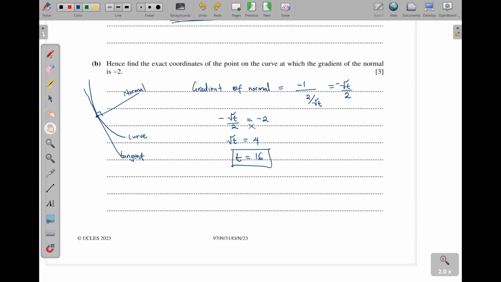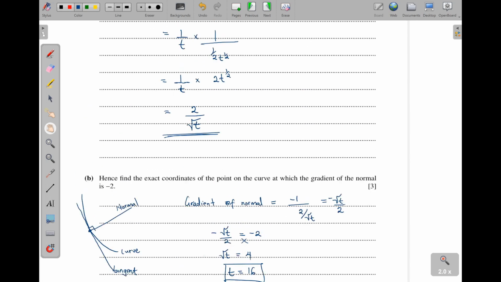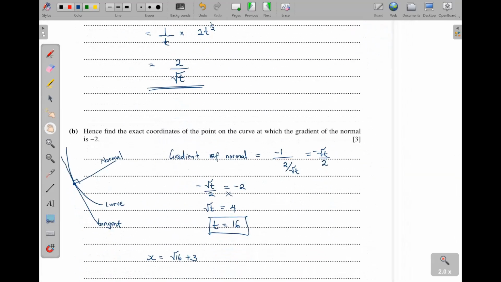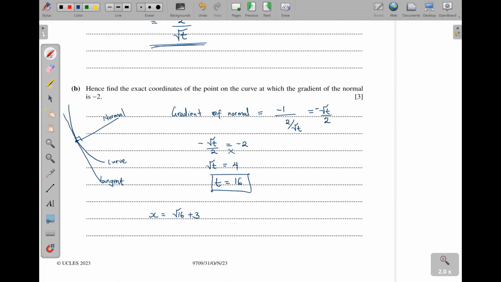okay? So x is going to be equivalent to, it was given as root of t plus 3. Isn't it that? Yes, root of t plus 3. So this will be root of 16. That one will be 4 plus 3, then 7.